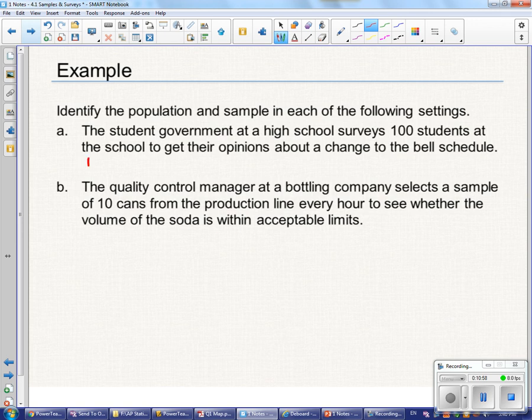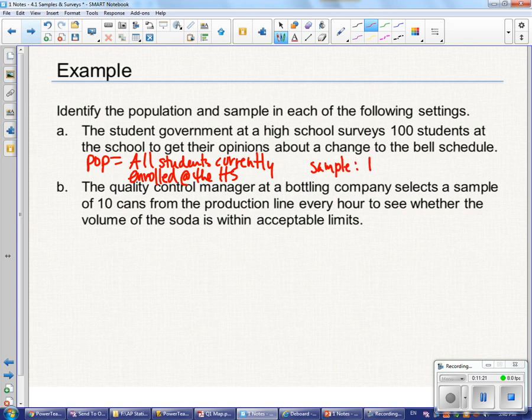So let's say our population would be all students currently enrolled. And then my sample would simply be the 100 students who were selected to complete the survey.